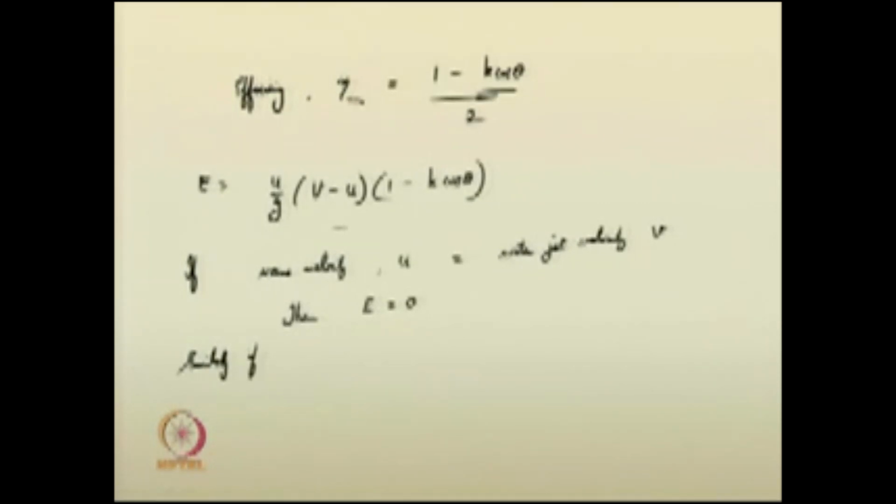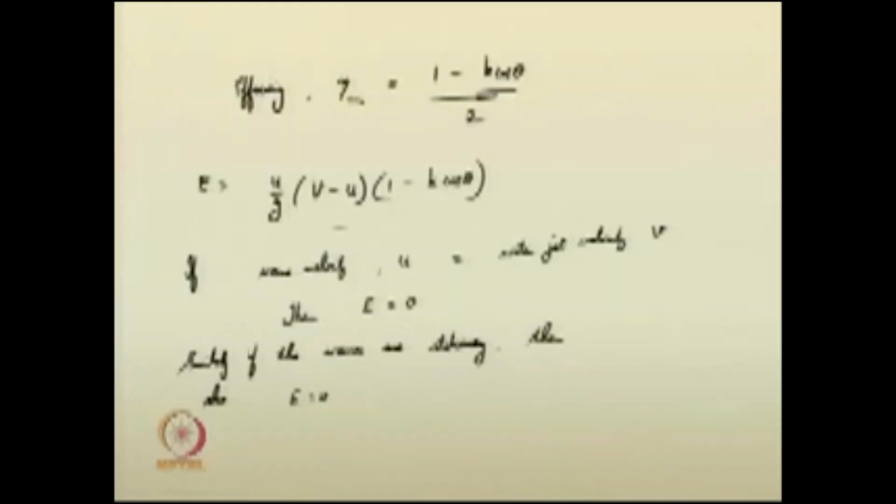Similarly, if the vanes are stationary, then also E is equal to 0, because U becomes 0. So you cannot transfer energy when the vanes are stationary, or if the vane velocity is the same as the jet velocity.